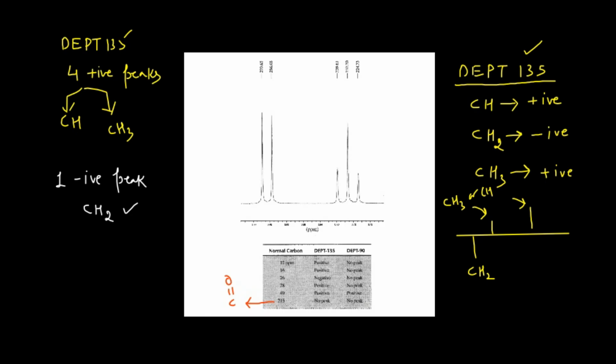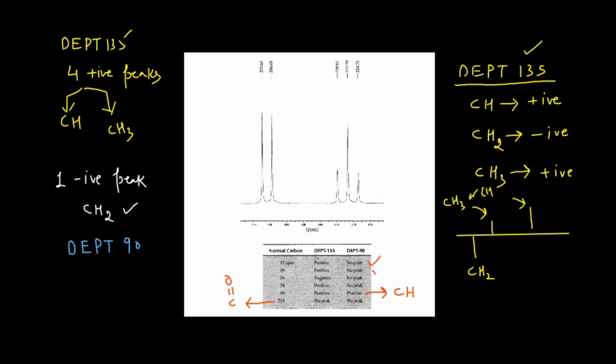Now, then you can see your next one, your DEPT 90. So what information we can get from the DEPT 90 NMR spectrum? It is very, very important. Remember, whenever the peak is present on the DEPT 90, it clearly indicates the methine hydrogen. That means CH is also present in your molecule.